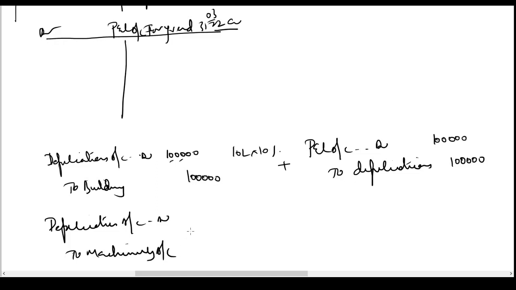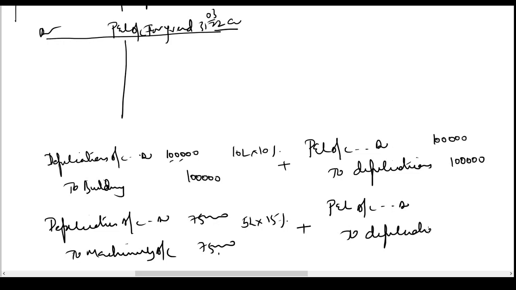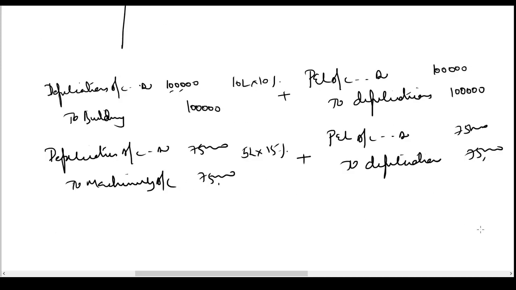I forgot to record entry for depreciation of machinery also, 75,000. How did I get 75,000? It is 5 lakh into 15%. Plus I have to pass one more entry, P&L account debit to depreciation, 75,000. I would have to record depreciation entry for computer as well.